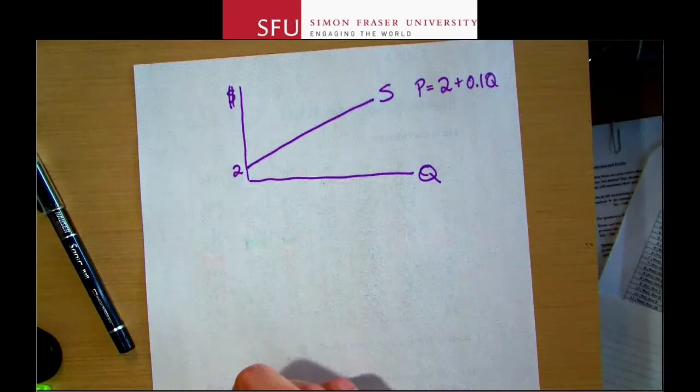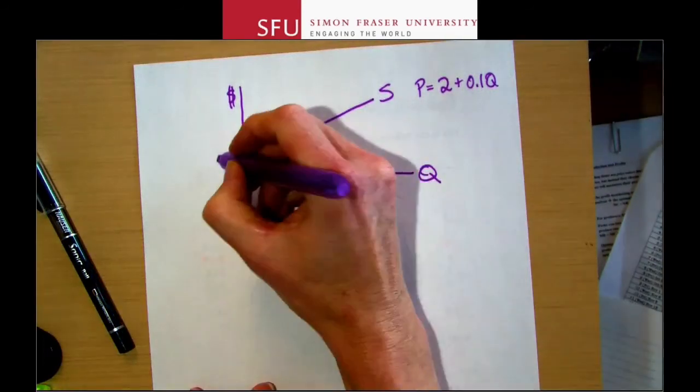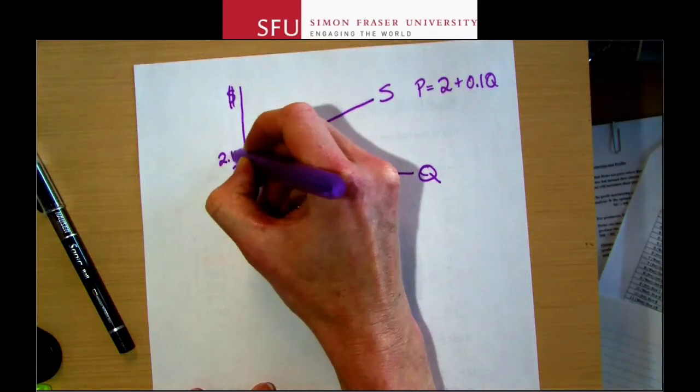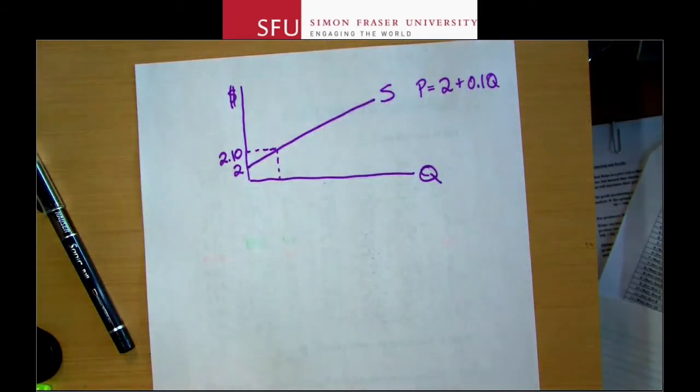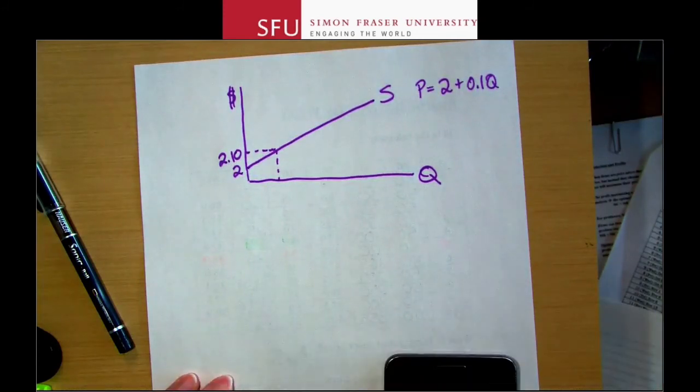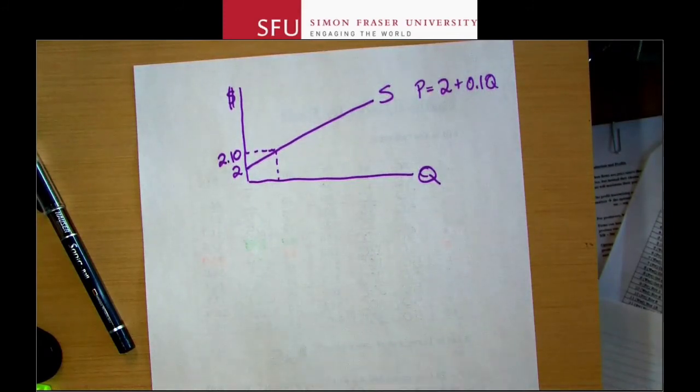Now, what this implies is that when the price reaches, say, 210, the producer will be producing a certain quantity. Let's see, what quantity would they produce at 210? Oh, 1. That's right. Okay, so they'd produce 1 unit.